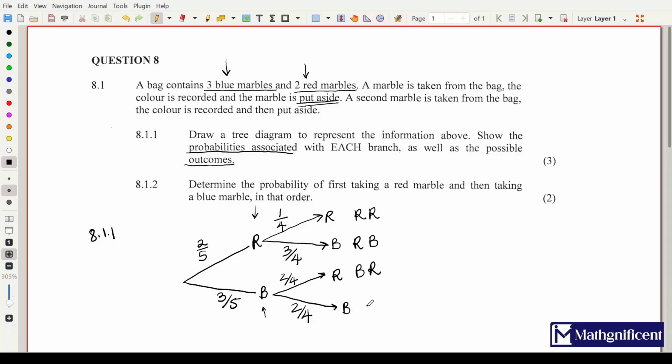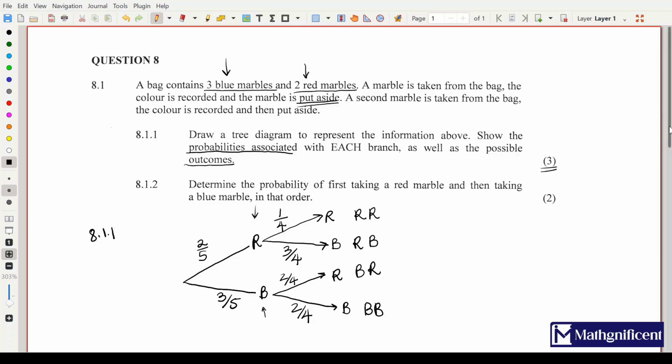The last branch is that the first ball is blue, and the second ball is also blue. So this is how we are going to accumulate all these 3 marks.